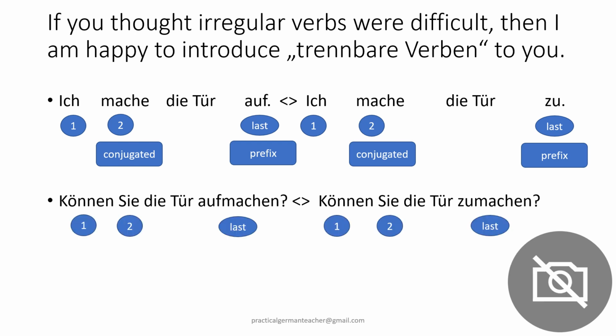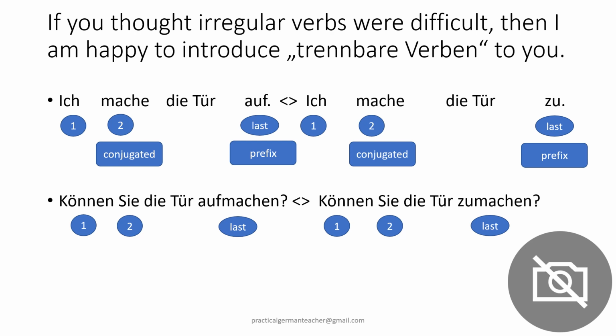Let us focus on the next two sentences. Here we are using a trennbare verb along with a modal verb. You already know how to use modal verb with normal verbs in a sentence. You can use the same logic for trennbare Verben as well. The modal verb must be conjugated.